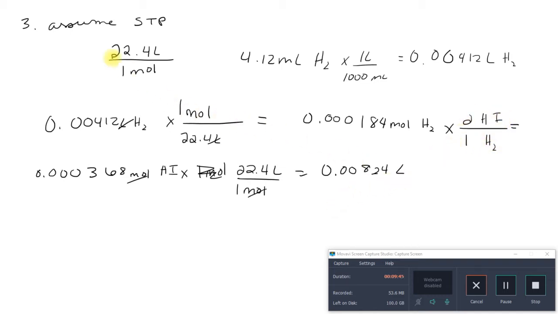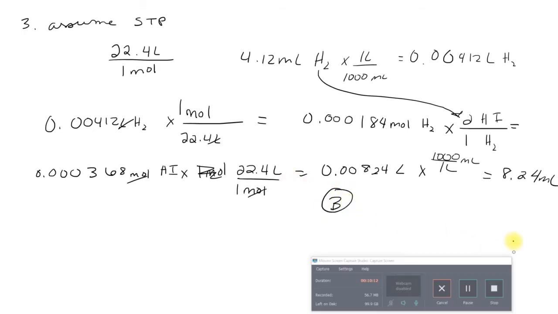And so then you could go from 4.12 milliliters of H2 and kind of just go directly here, since these two sort of undo each other. Yeah, so I got that off a little bit, but in order to get it back into milliliters, we'd have to multiply by 1,000. And so then the best answer here is going to be B.